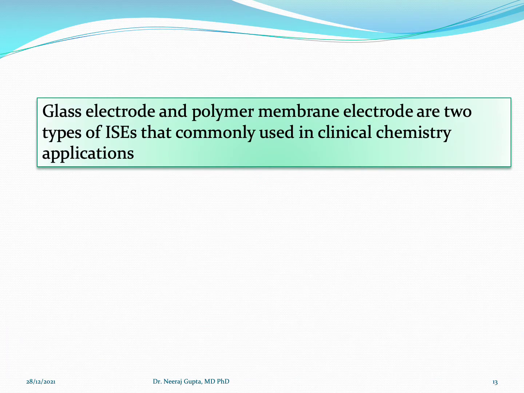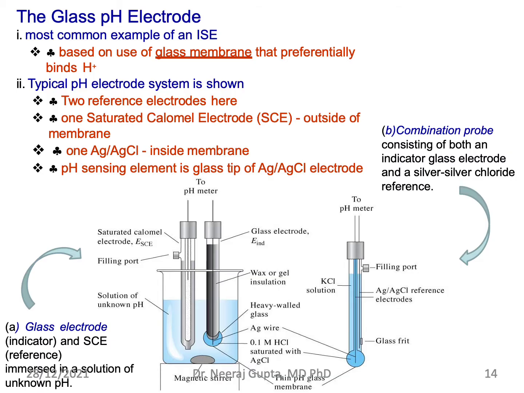Glass electrodes and polymer membrane electrodes are two types of ISE that are commonly used in clinical chemistry applications. The glass pH electrode is the most common example of an ISE based on the use of a glass membrane that preferentially binds hydrogen ion.